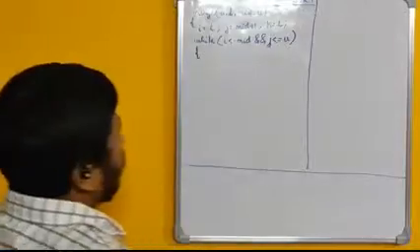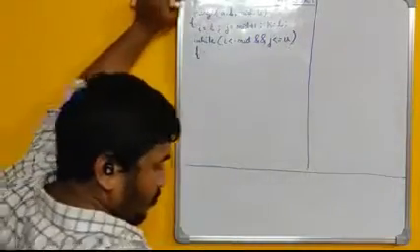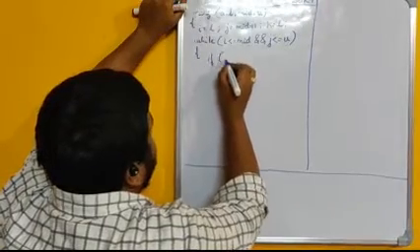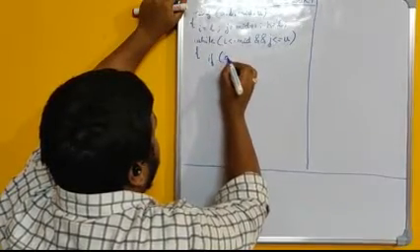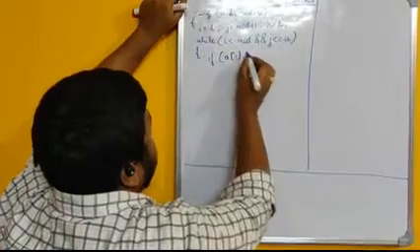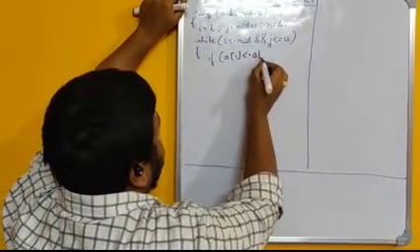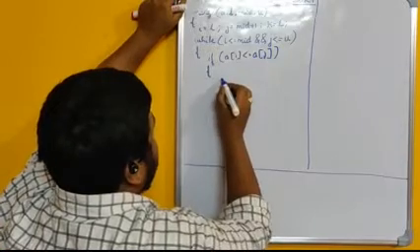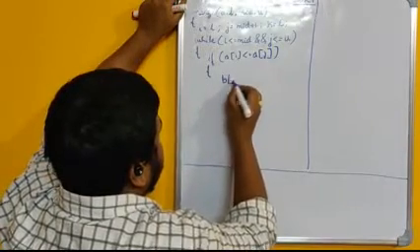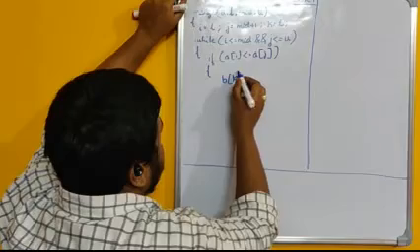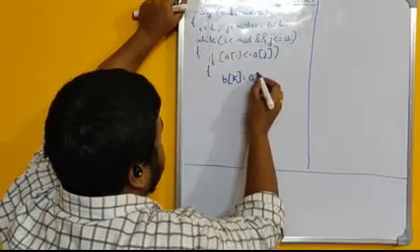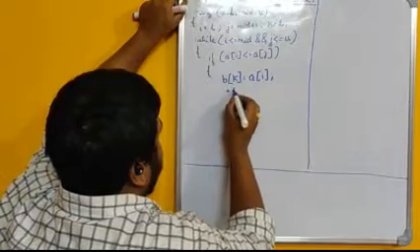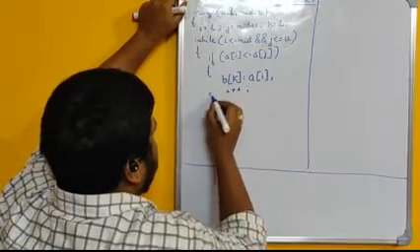So what we have to do? Again we have to check one condition. If A of I is less than or equal to A of J, B of K is equal to A of I and I plus plus.